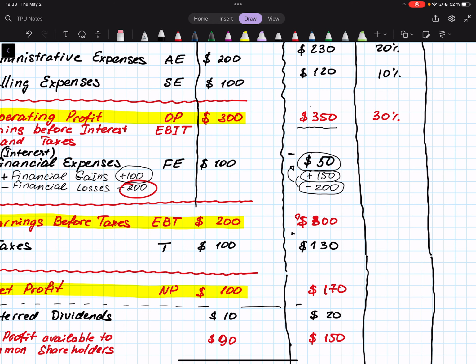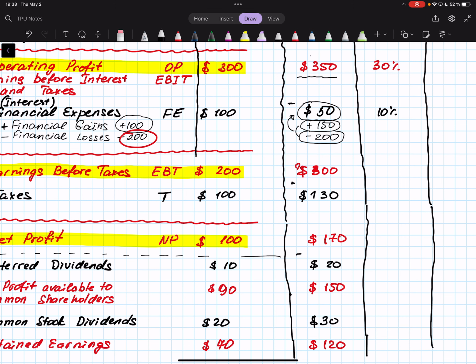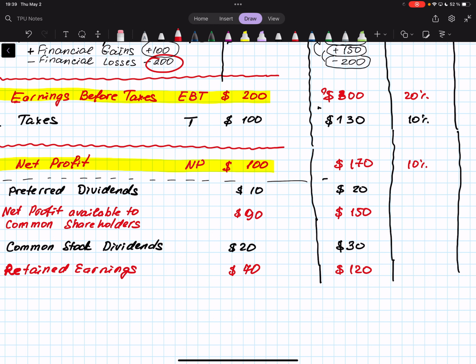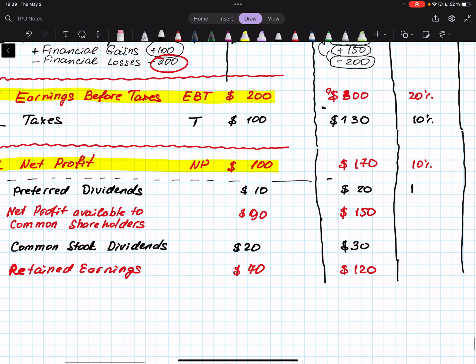Financial expenses, tell me, how much? 10%. Earnings before taxes, 20%. Correct. Taxes, 10%. Net profit, 10%. Preferred dividends, 1%.